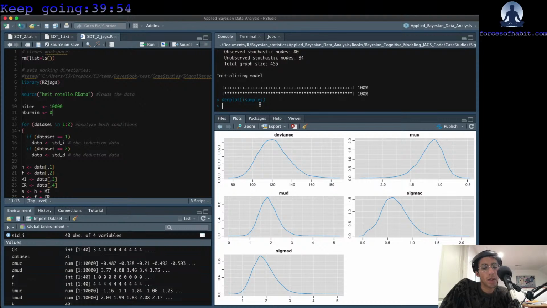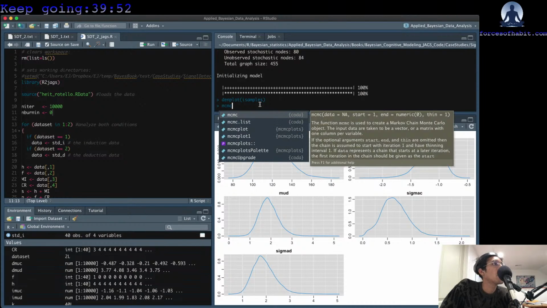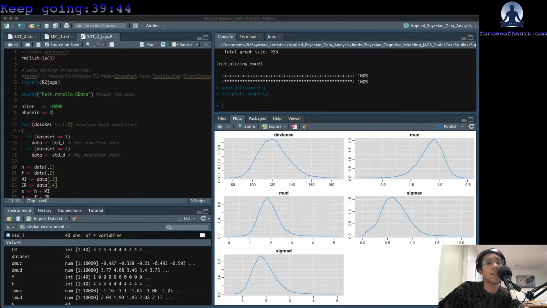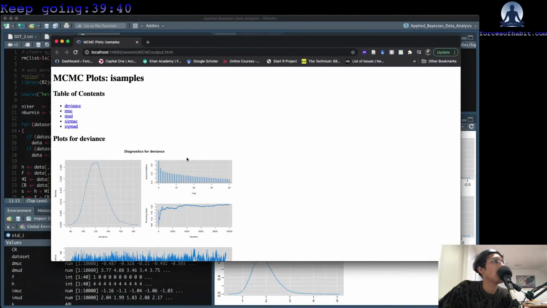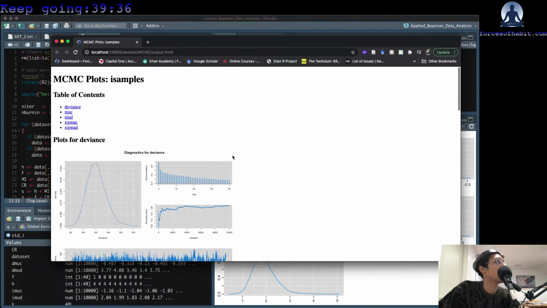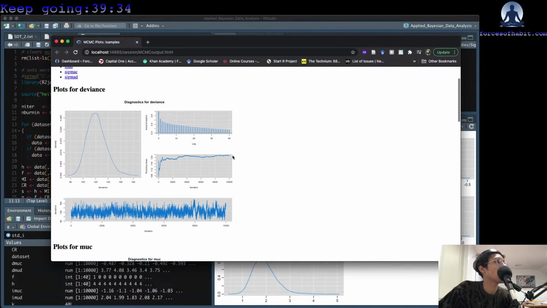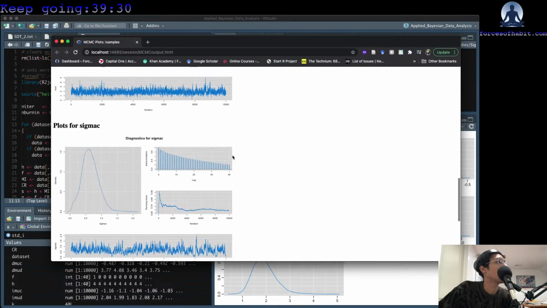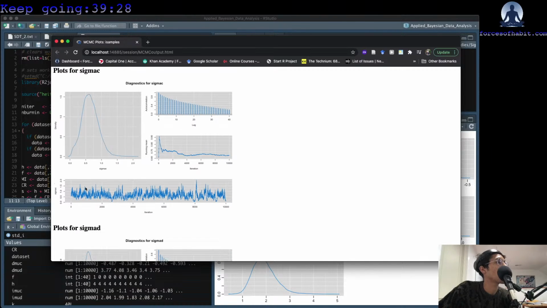I'm going to do an MCMC plot, and this will give me, oh nice, it just spits out an output over here. You can see the autocorrelations then. So look at the autocorrelations for sigma. Let's see. You see this? This is what we're talking about here.